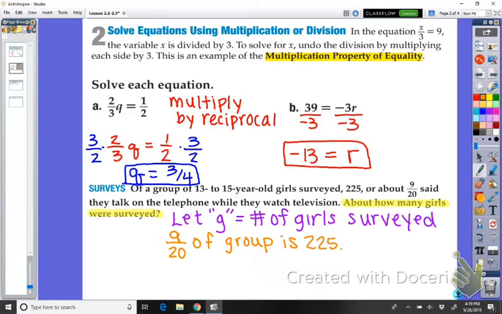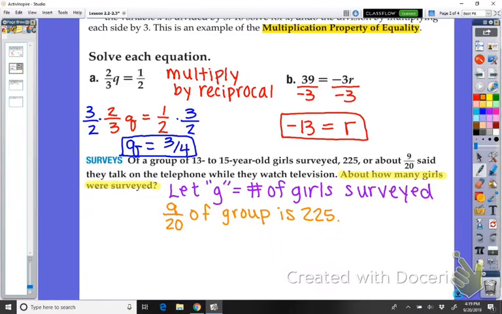So we should know that of means multiplication. We don't know how many girls were surveyed, so that's going to be G. Is translates into an equal sign. So let's set up our equation here. We're going to have 9/20 times G equals 225.